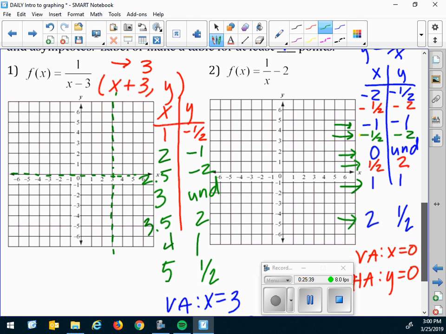All right, plot them. 1, negative 1/2. 2, negative 1. 2 1/2, negative 2. 3 is undefined. 3 1/2, 2. 4, 1. 5, 1/2. And that's what your picture's going to look like.